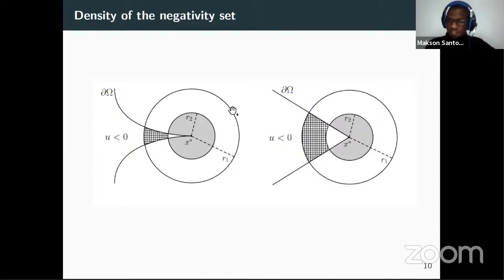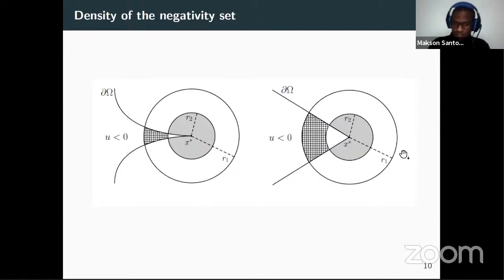Okay, this is a picture just to illustrate the hypothesis on V, the density of the negative set. You can see that in this picture here, when I go from R1 to R2, V is decreasing even faster. And this is a case of our theorem. This is in the scope of our hypothesis.